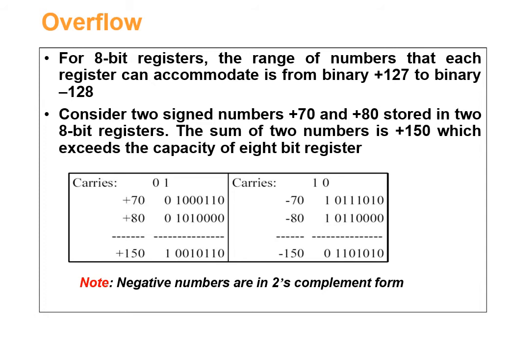Similarly, when we add two positive numbers 70 and 80, the result is plus 150, and the binary becomes 01101001, and the most significant bit or the leftmost bit is equal to 1, which indicates in signed numbers a negative number. So it gives us that 150 is a negative number, which is a wrong answer. So an overflow has occurred in this situation.